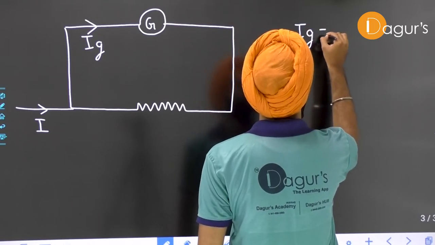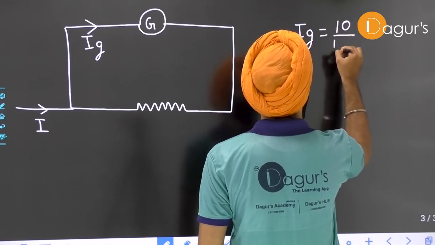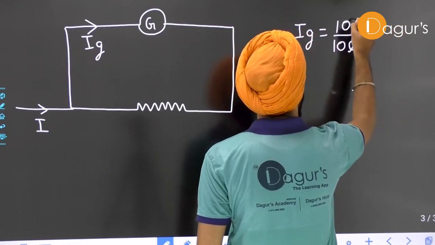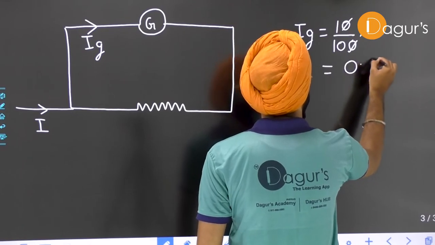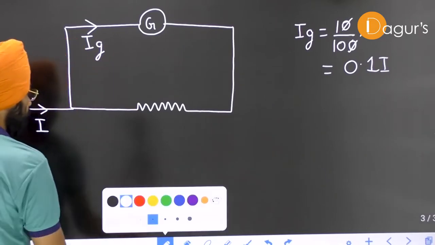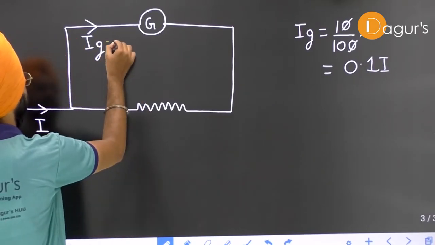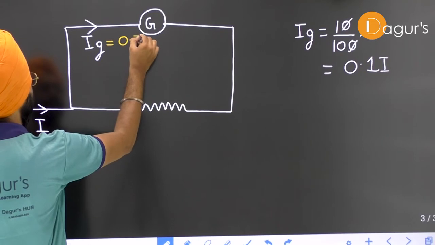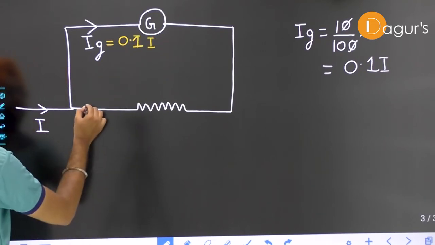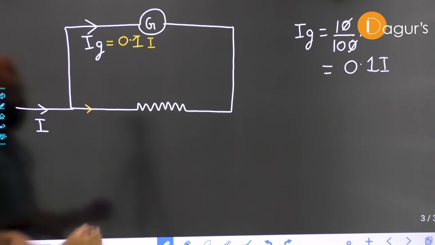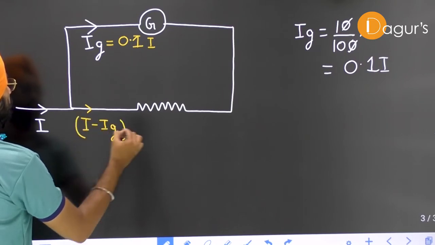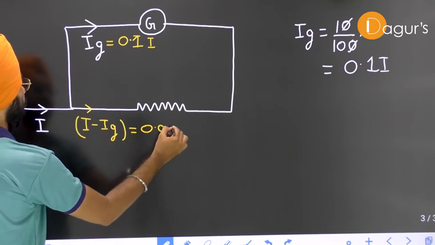So Ig is equal to 10% of I, which is equal to 0.1 I. So the current entering through the galvanometer is 0.1 I, and from Kirchhoff's current law we can say that the remaining current here will be I minus Ig, which is 0.9 I.